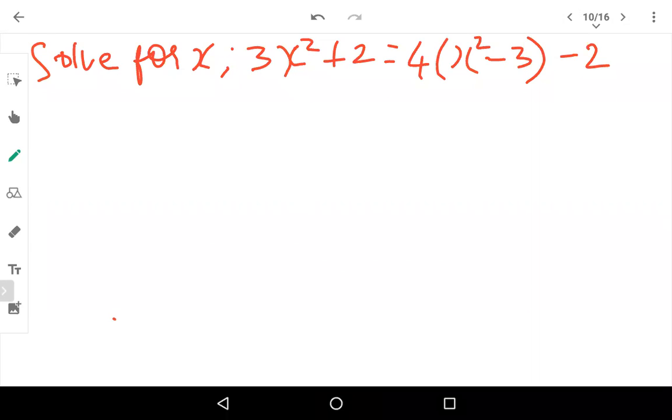Will you give it a try? Will you try solving this? I'll give you 2 minutes. Try solving it.